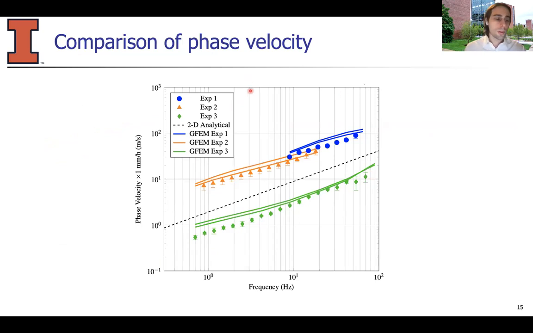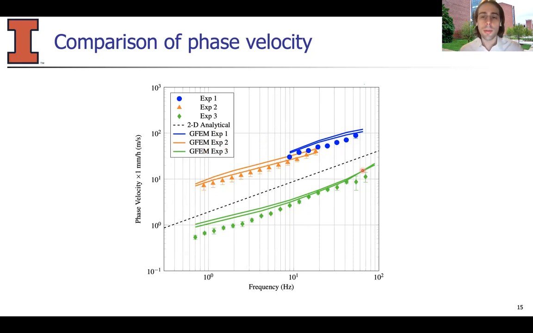For this problem also, the phase velocity with respect to frequency was calculated, and the results are shown here for the 3 experiments. Experiment 1 in blue, 2 in orange, and 3 in green. In markers are the experiments' post-processed variables, and in solid lines, the solutions with the GFEM.